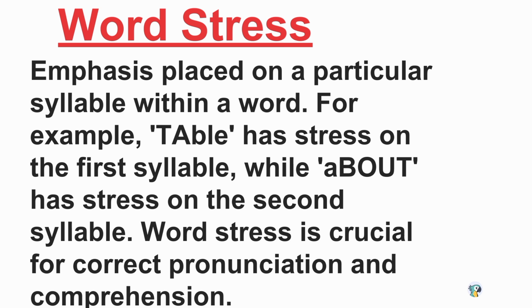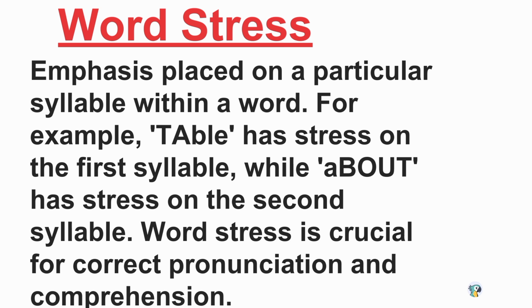Word stress refers to the emphasis placed on a particular syllable within a word. Remember, when we're talking about stress, that emphasis, that strength we give to a particular syllable within a word is what we refer to as word stress.